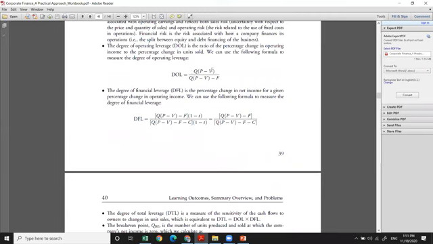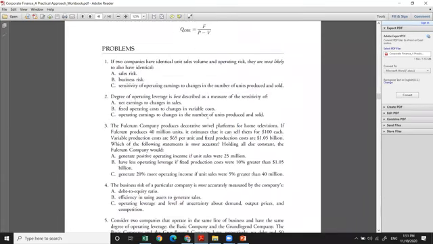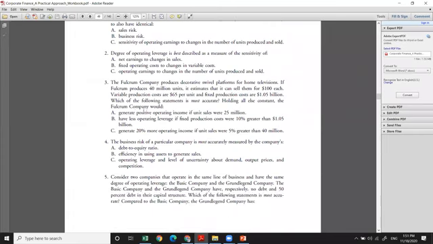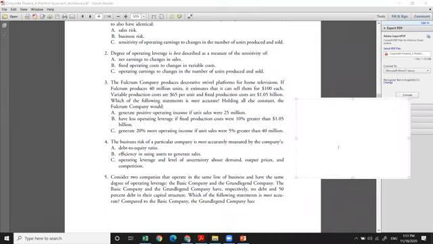The formula is Q times price minus variable cost, divided by Q times price minus variable cost minus fixed cost. So all the information is given here. You just need to plug it into the formula.